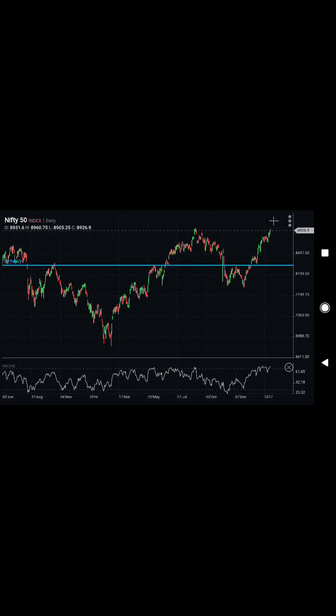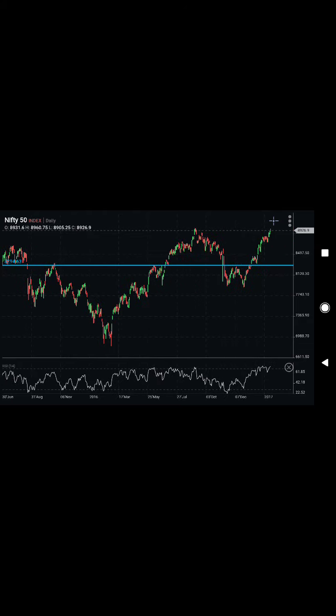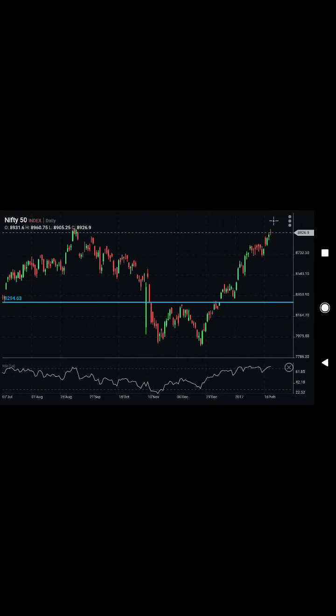It won't come all the way down to 8250 in a quick time, but still you cannot say anything. Markets are very tricky most of the time.